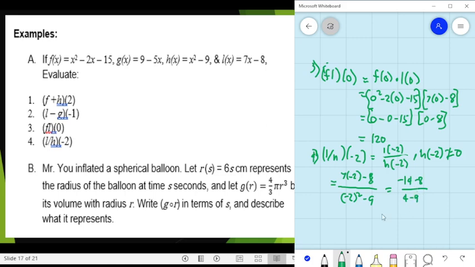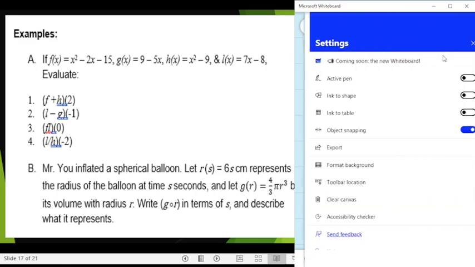Okay, so therefore, we can simplify it to negative 22 over negative 5. Or, this would be similar to 4 and 2/5, the positive. Okay?